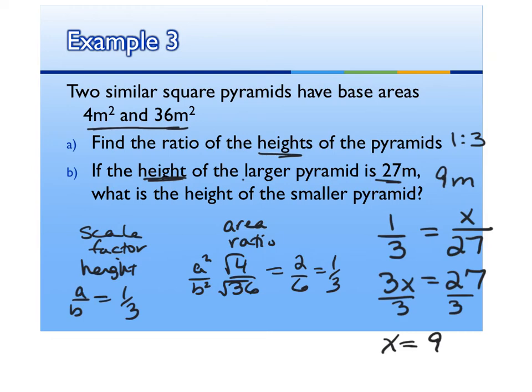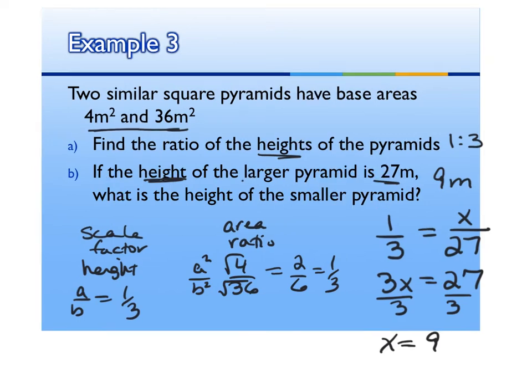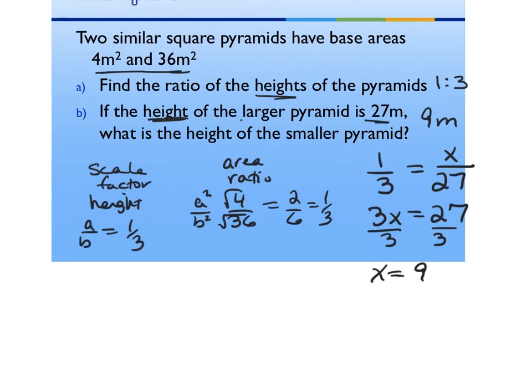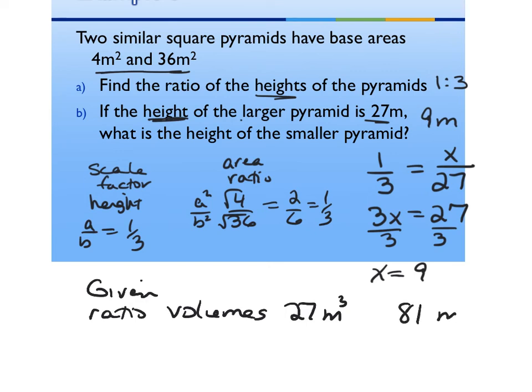Now, let's say instead the question said, given the ratio of the volumes, and let's say they told you it was 27 meters cubed and 81 meters cubed.